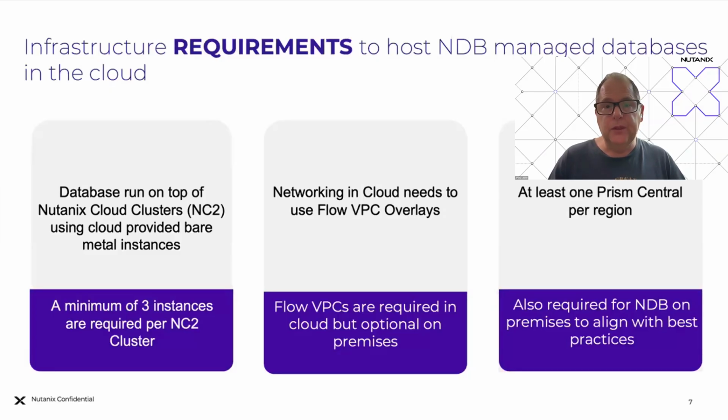We need Flow VPCs to be used as the networking for that cluster and for databases running in that cluster, as well as connectivity to other clusters if you're trying to do any kind of Always On across cluster boundaries. The other thing I would highlight is that NDB does require Prism Central, and we want to have one per region to align with our best practices. So with that, now let's go ahead and see a demo.